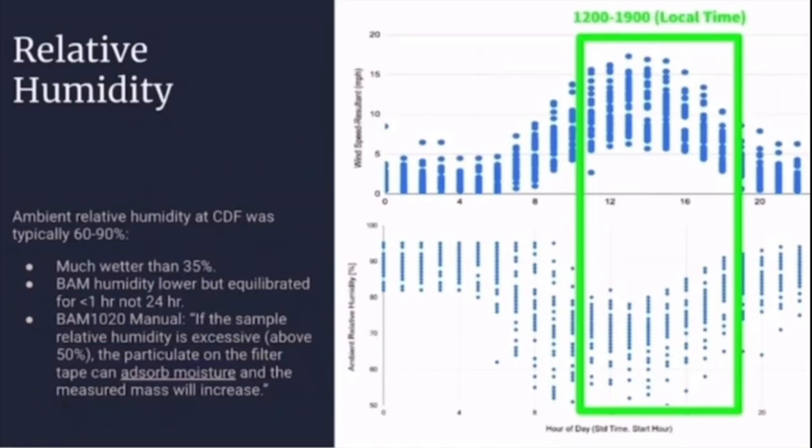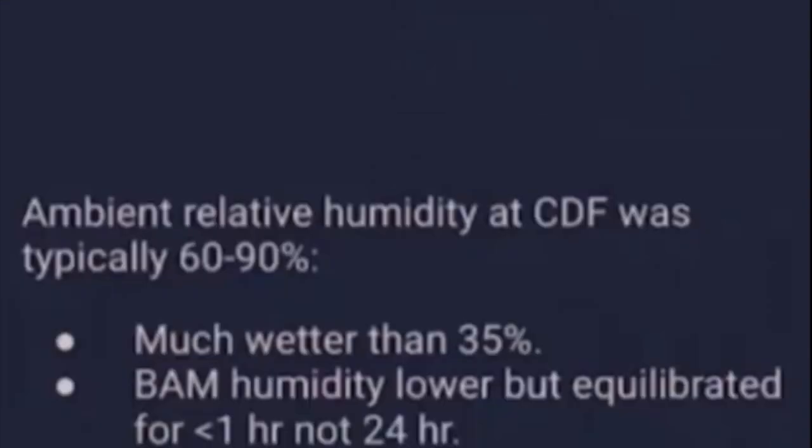The BAM humidity equilibrated, but only for 1 hour, not 24 hours. And the manual for the BAM instrument tells you that if the sample relative humidity is excessive, which they define to be 50%, then the particulate on the filter can adsorb moisture, and the measured mass will increase due to water.